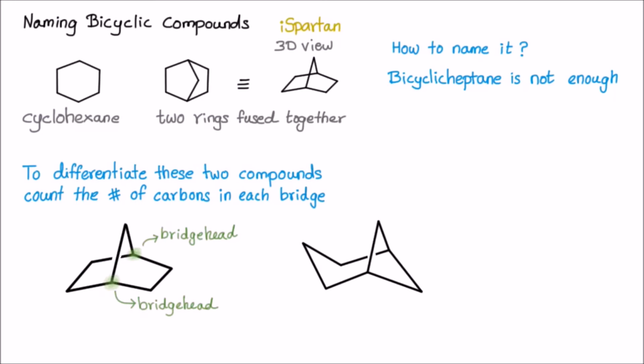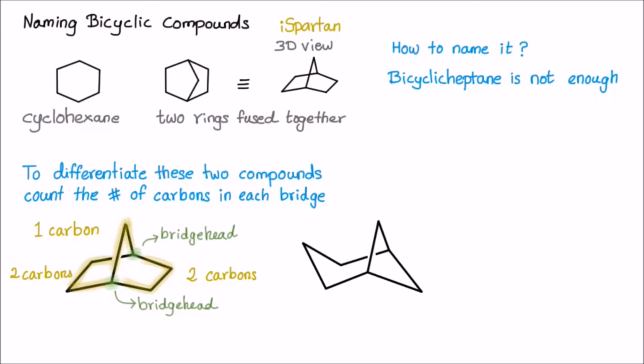The second step is to count the number of carbon atoms in each bridge. The first bridge has 2 carbon atoms. If you go from one bridge head to another bridge head, you have to cross 2 carbon atoms, so that means you have 2 carbon atoms in the bridge. The second bridge also has 2 carbon atoms, and the third bridge has 1 carbon atom.